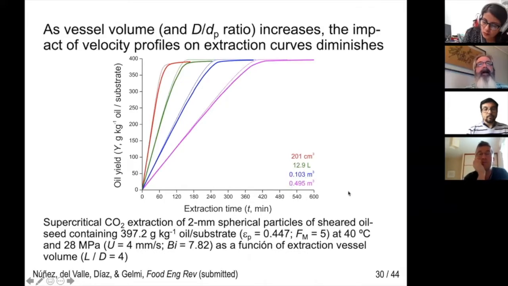In this comparison, all other factors, such as particle diameter, average superficial CO2 velocity, and vessel height to diameter ratio, were kept constant.